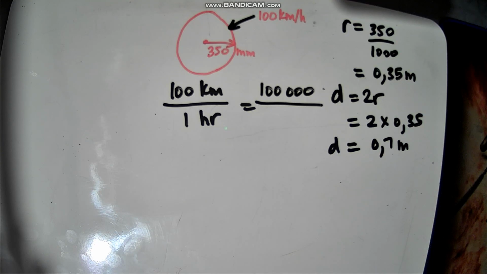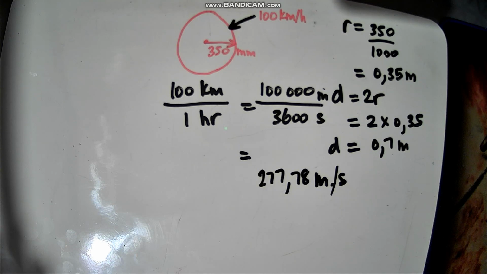We are dividing meters by seconds, so our unit is meters per second. So 27.78 meters per second is equivalent to 100 kilometers per hour.